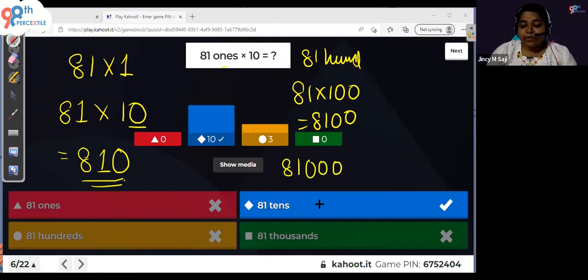It is only 81 tens, which means 81 times 10, and that is 810, which is equal to the answer that we have got.